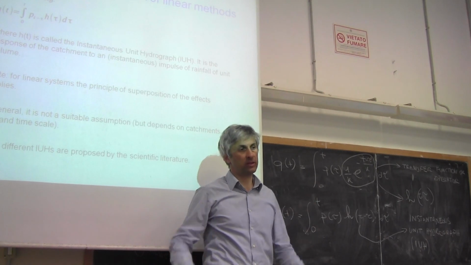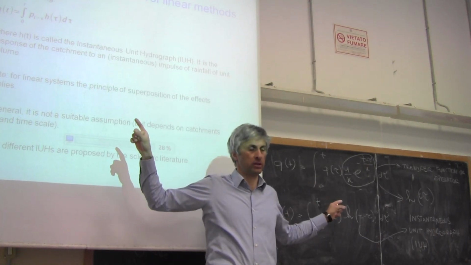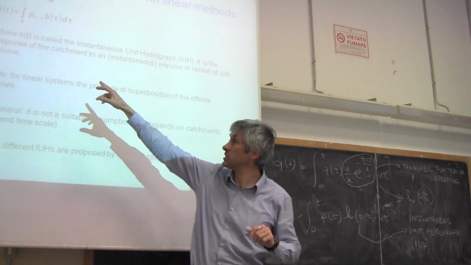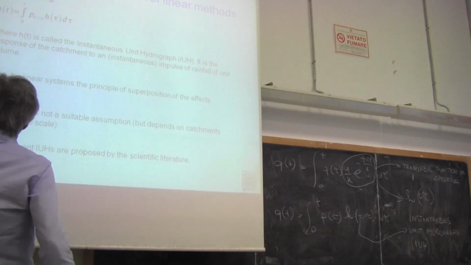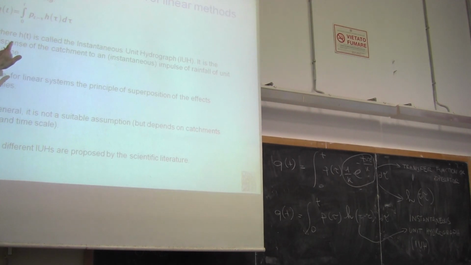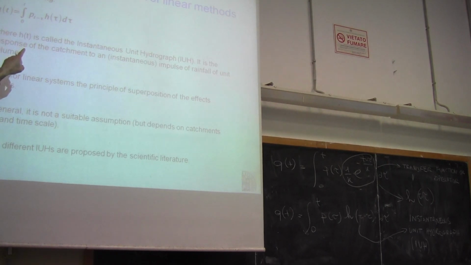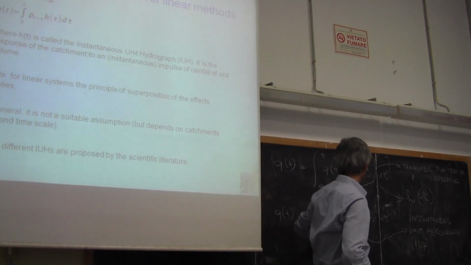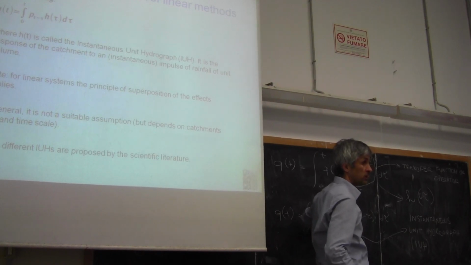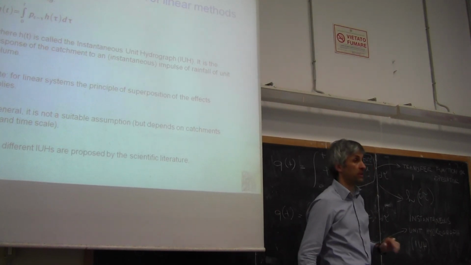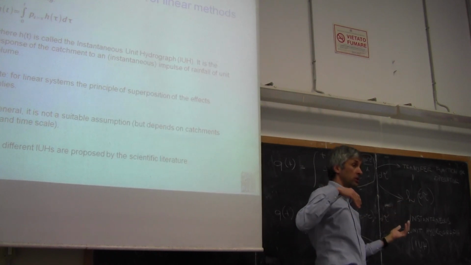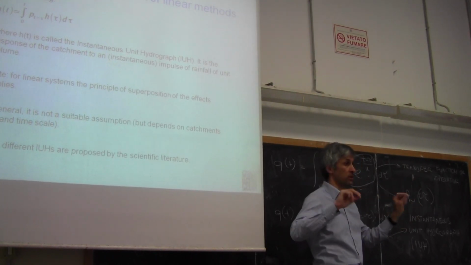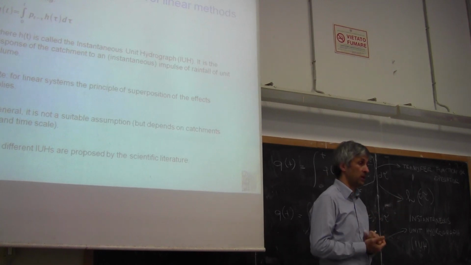You may say now that there is a difference between these two relationships, because here precipitation is taken at time t minus tau, and the instantaneous unit hydrograph at time tau. Here they are inverted: you have precipitation at time tau, and the instantaneous unit hydrograph at time t minus tau. They are the same relationship. You can turn one into the other with a change of variables. It's very simple.